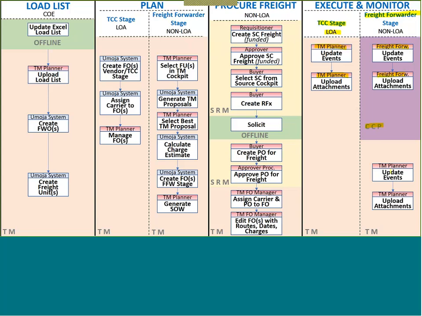So basically, the TM planner could update events for both the troops contributing country and the freight forwarder in TM. And since for this particular case, there are two options for the TM planner to submit events for both the freight forwarder and the troops contributing country, we're going to be looking at that. Okay, so we're going to go back into TM and we're going to start updating events and see how we could upload attachments in TM.